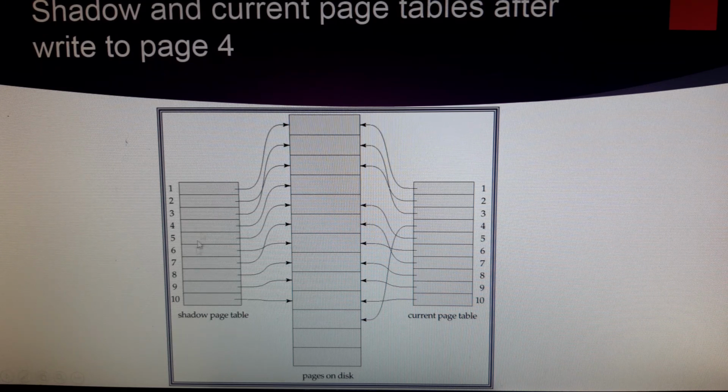Before update, if the current page table is pointing to the disk but the shadow page table is not pointing to the pages on the disk, the transaction is not yet committed. Why? Because it is only pointing to the old copy and not to the new copy, so there is no commit for that particular transaction. In this case you have to simply execute the undo operation. Likewise we define the shadow paging technique.